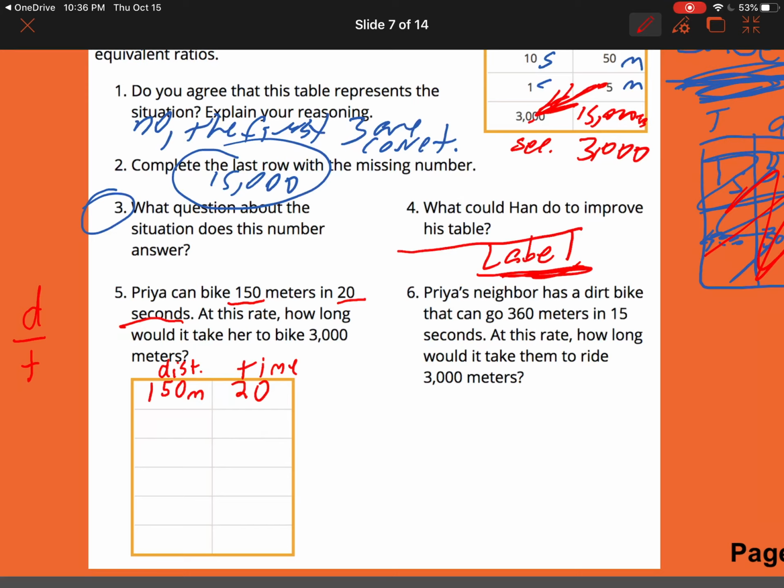Now I need to find out how much is going to be in 1 second. So it's important we're going to be moving down. I know we're going to be looking for the 3,000 meters. However, we need to find out our unit of 1 second goes how many meters.